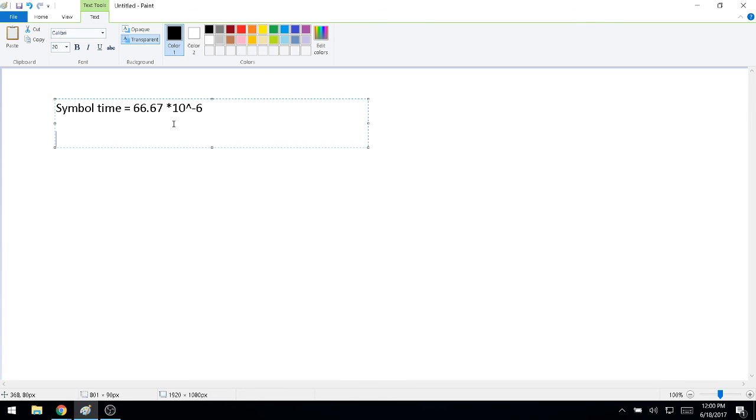We do that by saying 1 second divided by 66.67 times 10 to the negative 6 equals the number of symbols per second. Because remember, each symbol takes 66.67 times 10 to the negative 6. So we need to figure out how many symbols fit into a single second.